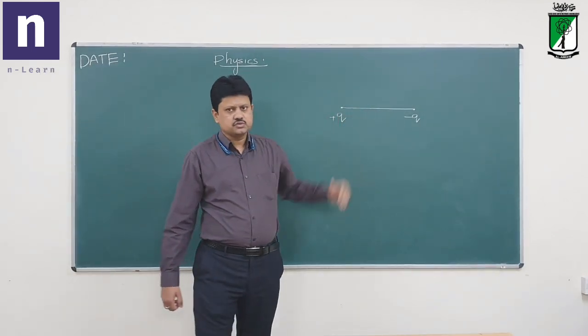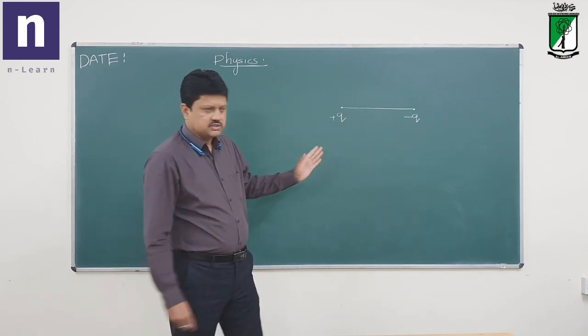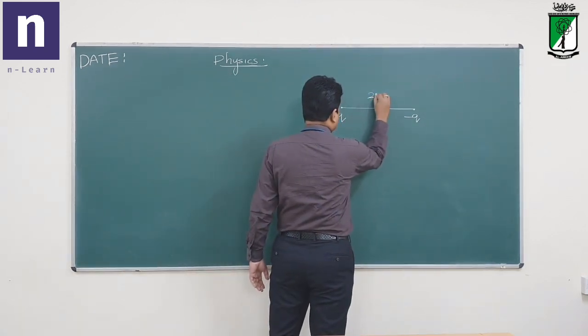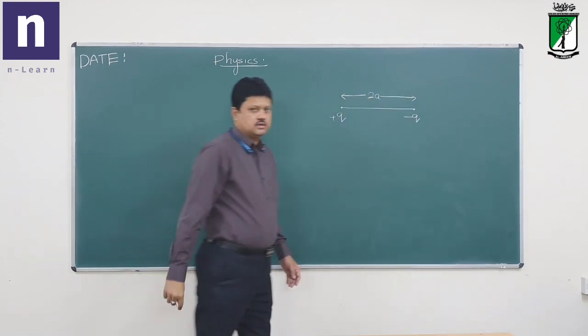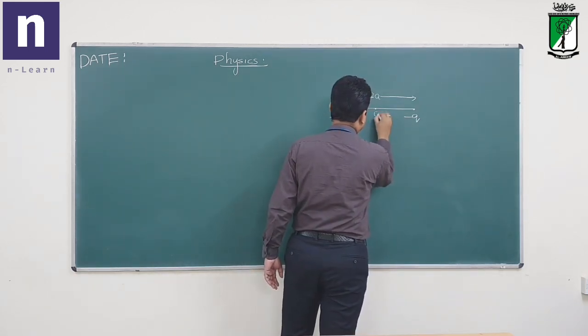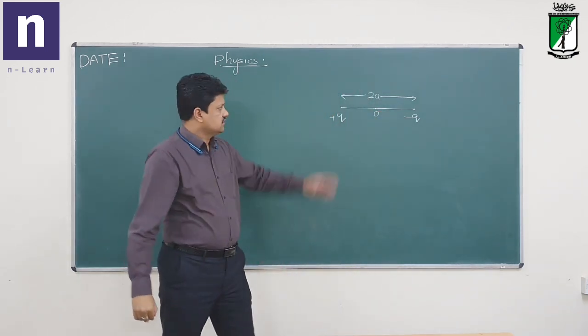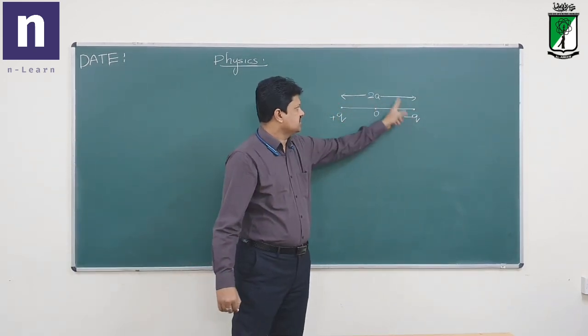Say plus q and minus q are the two point charges separated by a very small distance, say 2a. The center of the dipole, I'll mark it as O here. Then O to one of the charges is distance a.